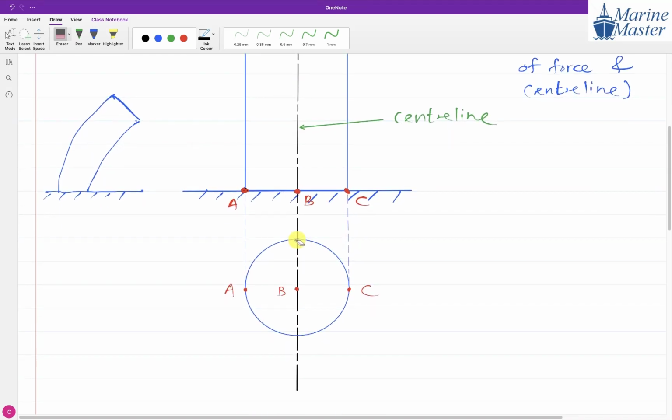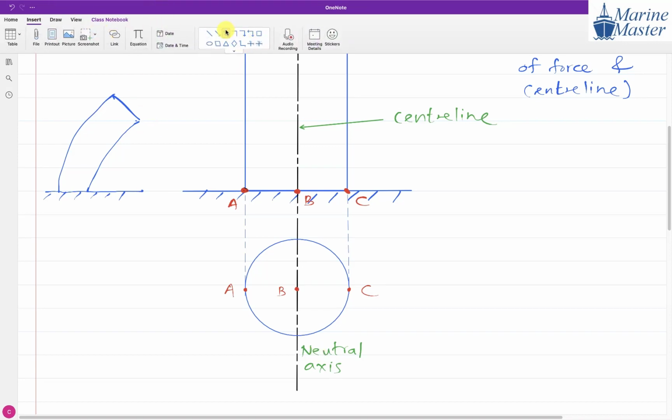If you extend the same line further, it becomes the neutral axis. What is the speciality of the neutral axis? Bending stress is zero on the neutral axis. Why do we call that axis a neutral axis? At that axis, bending stress is zero. Try to understand my point. So from here to here, what will this distance be?